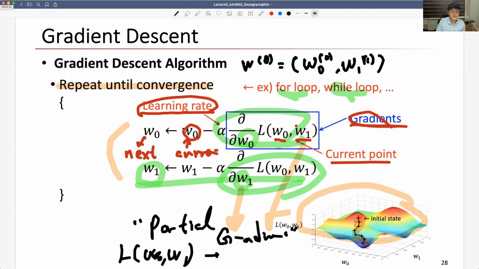This is called the partial gradient. By using this kind of partial gradient, we can update each parameter W0 and W1. By iterating this procedure, we hopefully converge to the optimal loss value, or the optimal point.